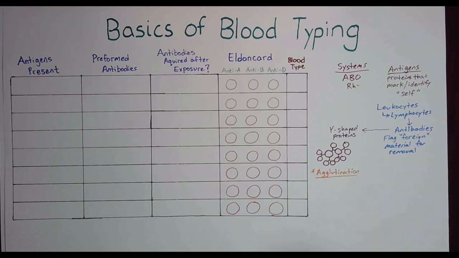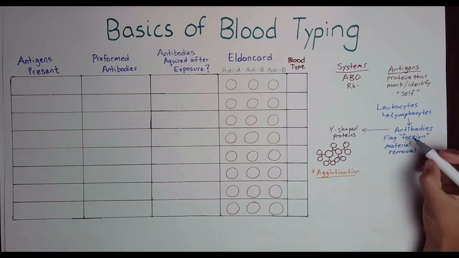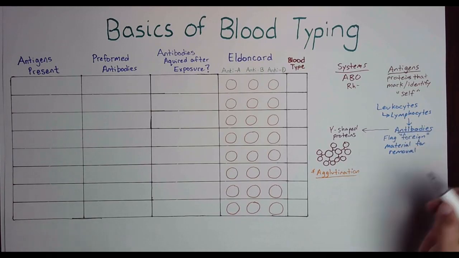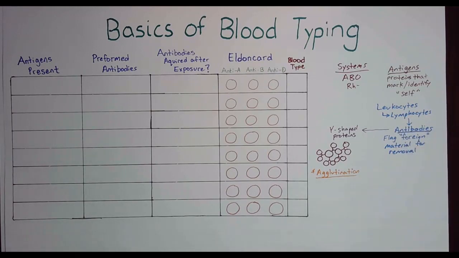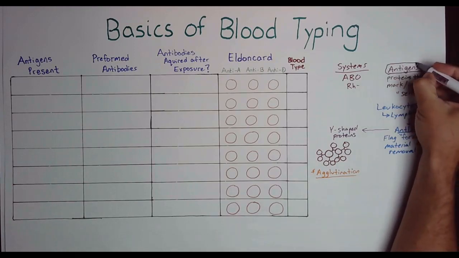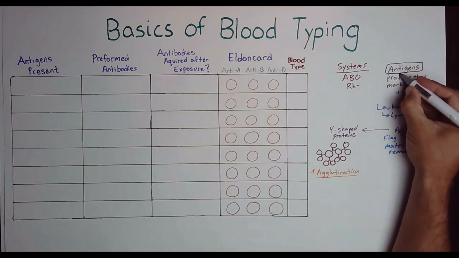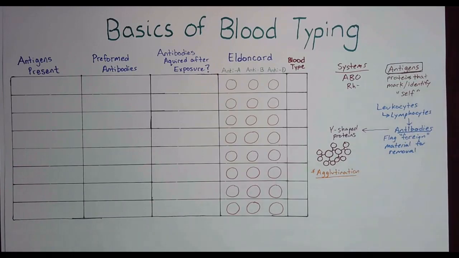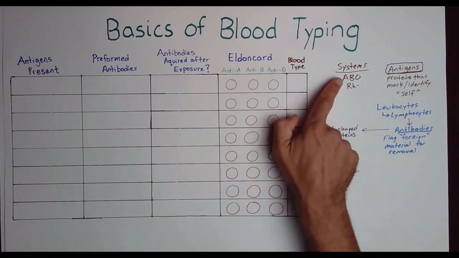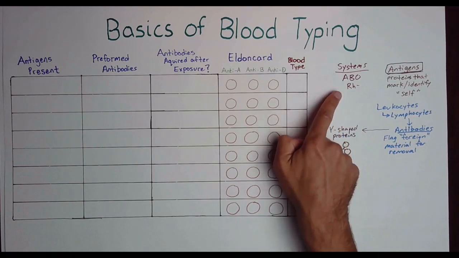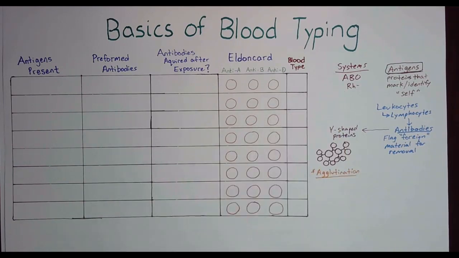So let's see what our keywords are so far. We've talked about agglutination, antibodies, and antigens. Those are our major key players that we want to be able to identify at this point, and each one of those is going to help us understand these two systems, the ABO system and the RH system. Let's look first at the ABO system.